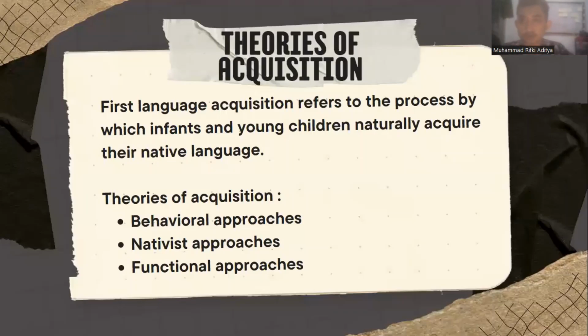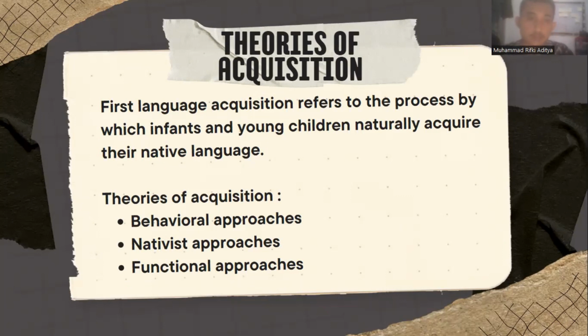For the theory of acquisition, we need to know first what first language acquisition is. First language acquisition refers to the process by which infants and young children naturally acquire their native language. This first language has many approaches in it. There are three theories of acquisition.